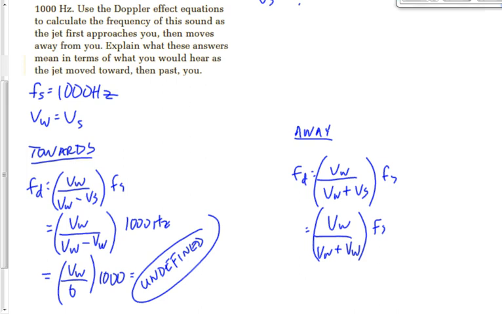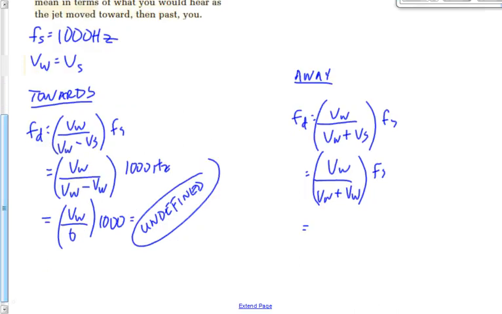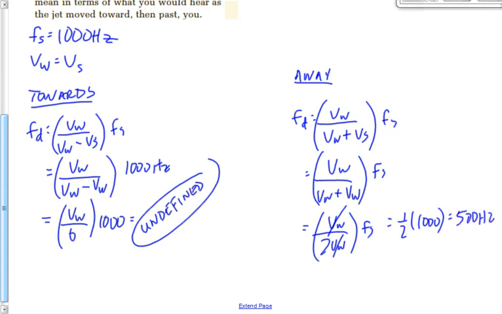Vw plus Vw is 2 Vw. That cancels. So I get half of the frequency of the source, which is 1,000 hertz, which means it's 500 hertz. What do you hear as it's going away from you? 500 hertz.